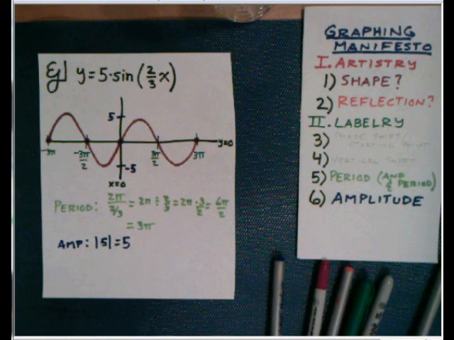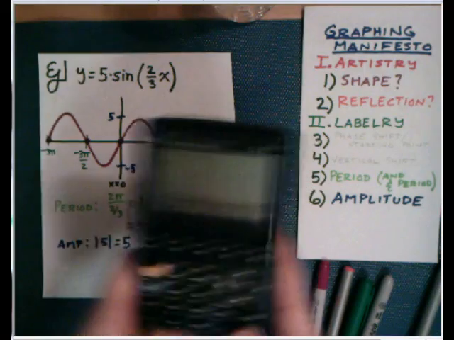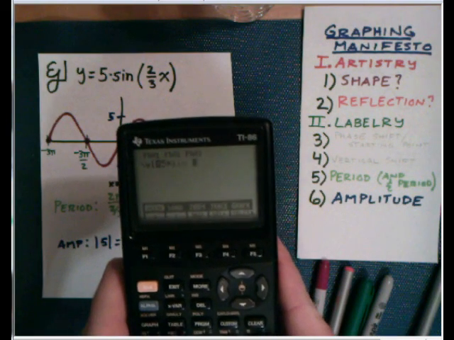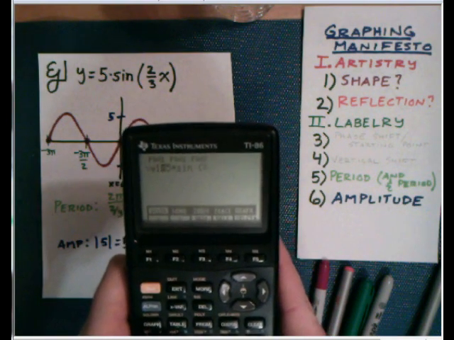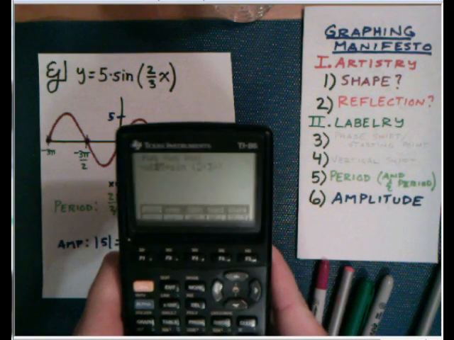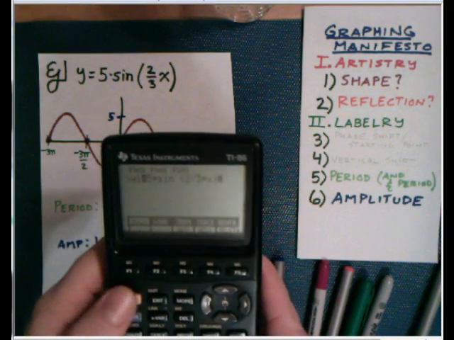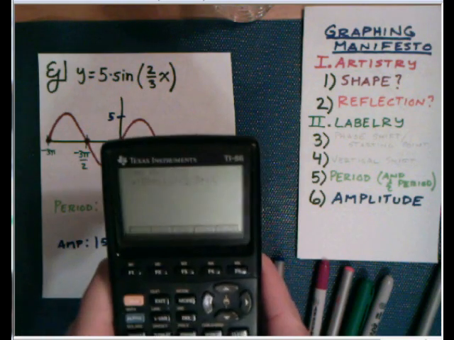But again, if you don't trust me, I can prove it. So let's go ahead and graph this puppy and see what we got. So 5 times, hopefully that's visible, sine of 2 divided by 3 times x. I've punched in the function. Now I want to make sure my window is fixed.